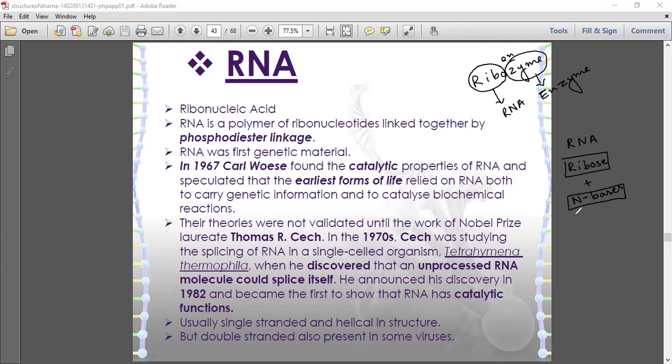In case of RNA, the nitrogenous bases present there are adenine, guanine, cytosine, and instead of thymine, they have uracil. In RNA, never ever thymine or T is present.